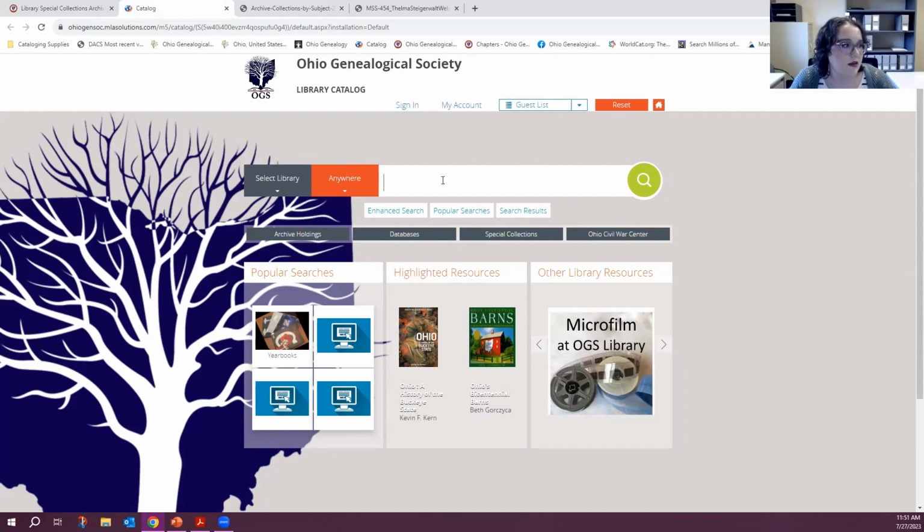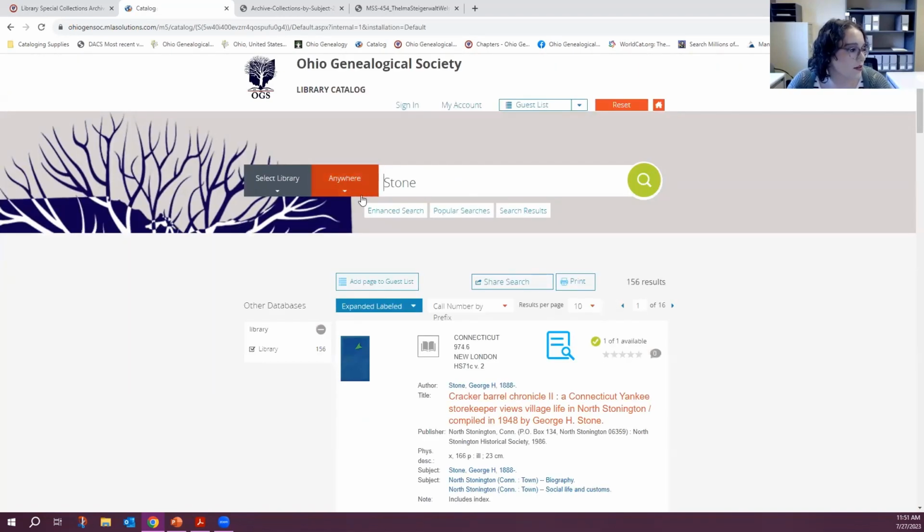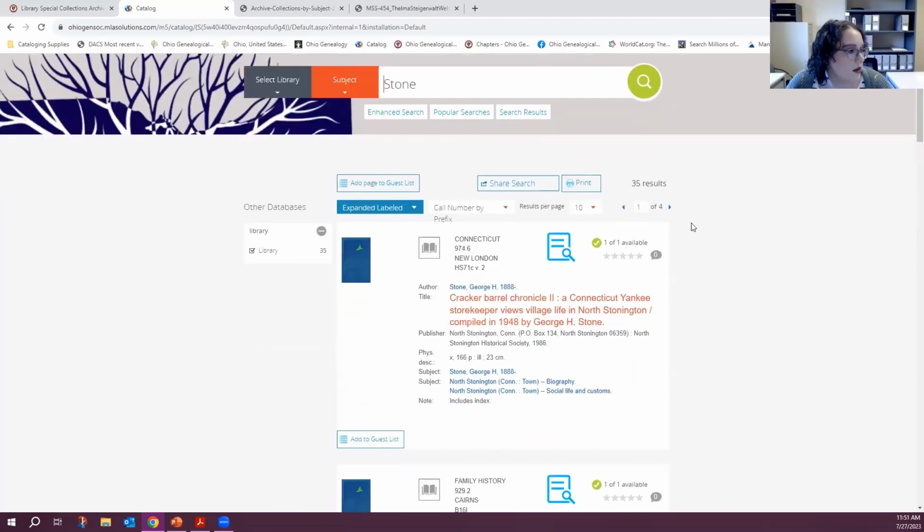So it's probably easiest to do surname or keyword searches here as well. Let's say that you're looking for the Stone family in the catalog. We'll probably get a lot of results by just doing the anywhere search, so I'm going to switch it to subject rather than anywhere, because anywhere is searching subject, title, publisher, and author.